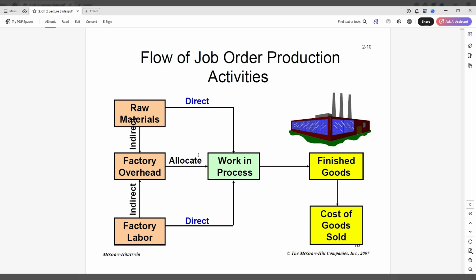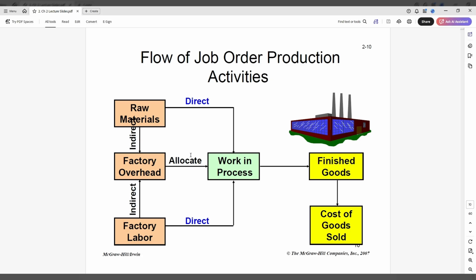And so we need to figure out a way to allocate these costs. So despite the fact that job order costing does directly allocate materials and labor to a specific job, we do have to do some extra work to allocate, I guess I should say, factory overhead to this specific job.